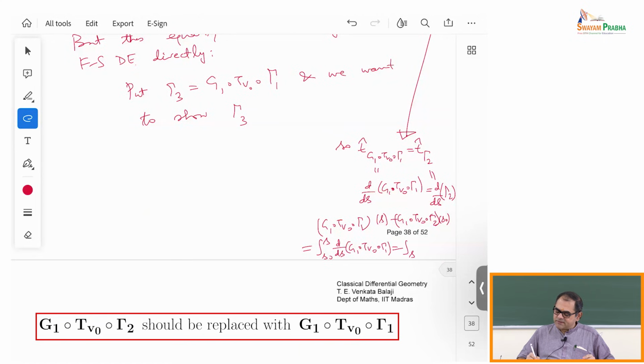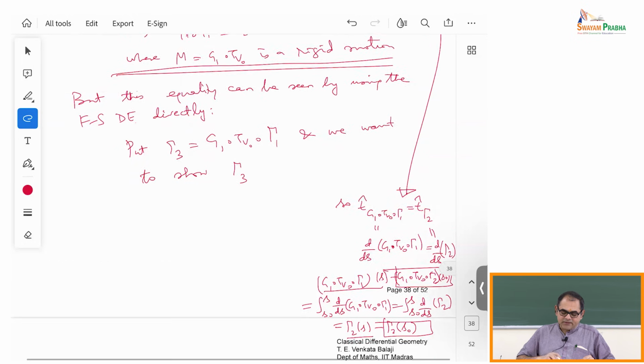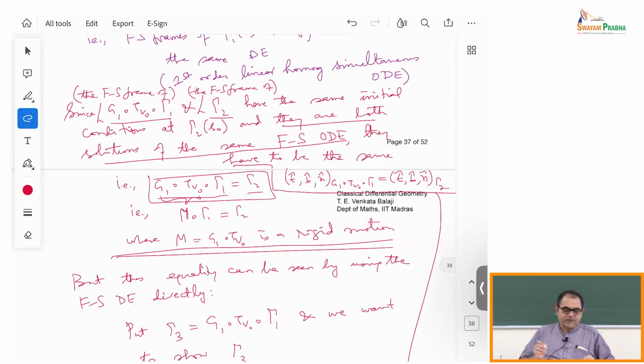That is the integral from s0 to s of d by ds of gamma 2, and that will give you gamma 2 of s minus gamma 2 of s0. Notice that this guy here is the same as this guy. Therefore, G1 circle TV naught circle gamma 1 of s is gamma 2 of s, and that is exactly what I had directly written here.